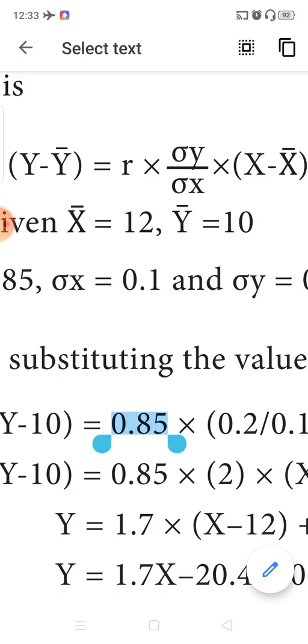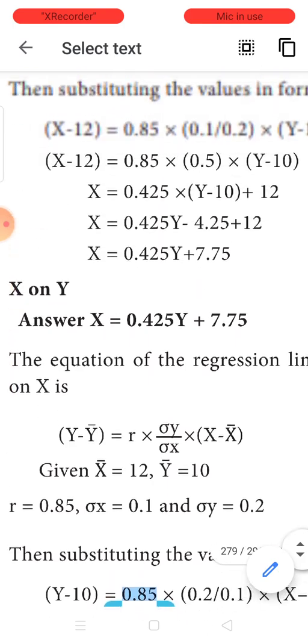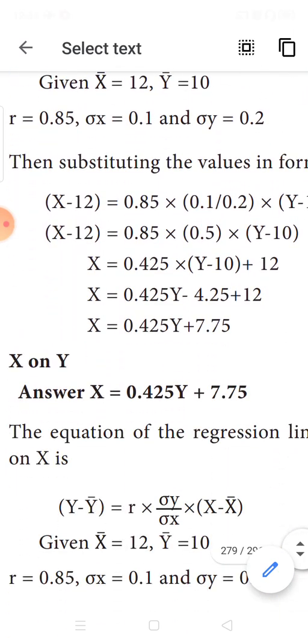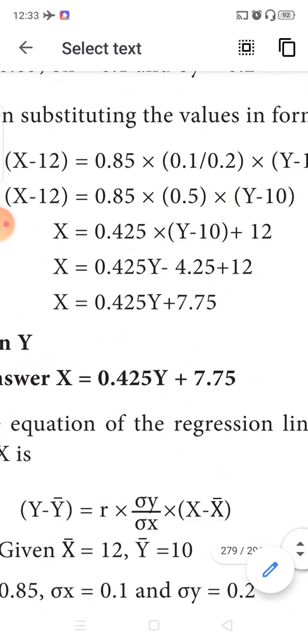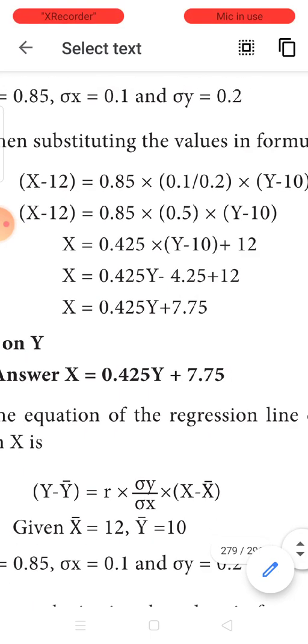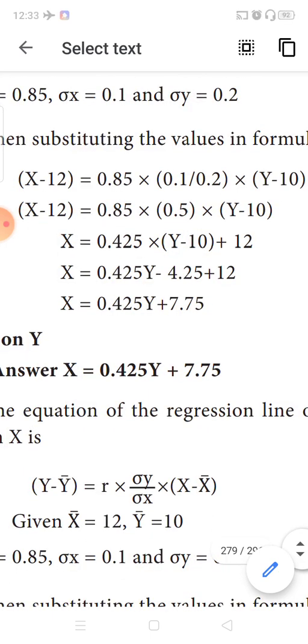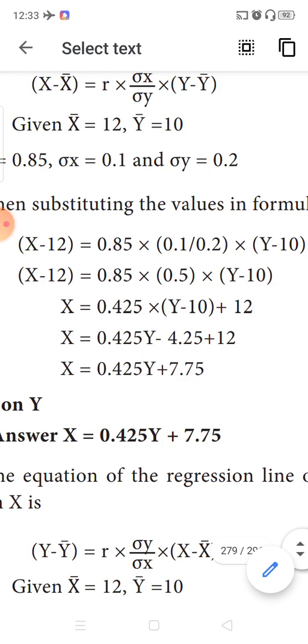Okay, if the equation is y on x, you have to write y first. Y minus y bar is equal to r into sigma y in the numerator, sigma x in the denominator, into x minus x bar in the right hand side. Now let us go to the sum here. Now we need to find out the equation of the regression line x minus x bar. X minus x bar, the value of x bar is given to be 12.